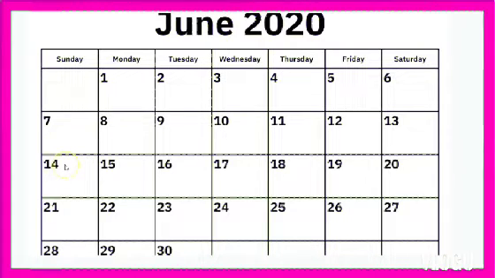So according to this cycle, the 14th day is specifically here, and that is on Sunday. But according to our method, when the egg has been released, or when ovulation is taking place at this 14th day is the peak period when you are most likely to get pregnant.